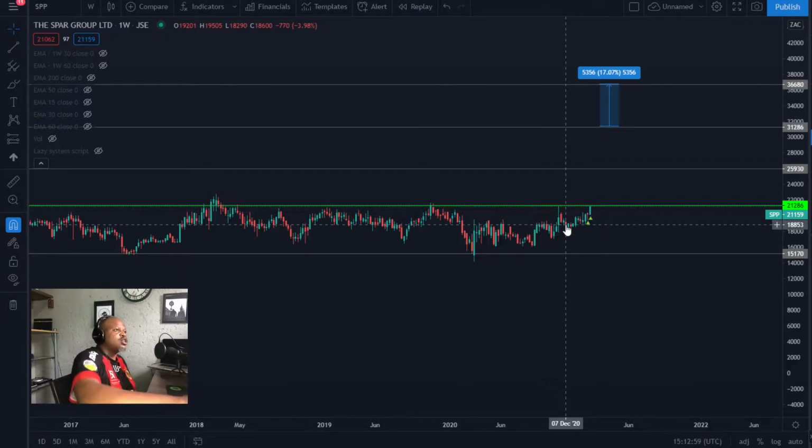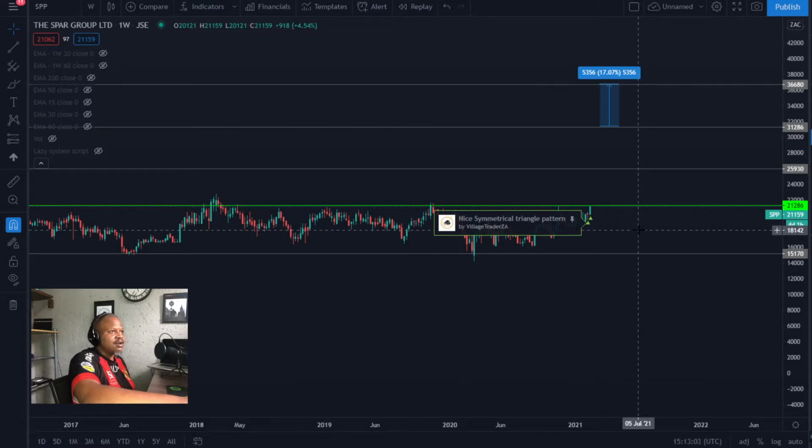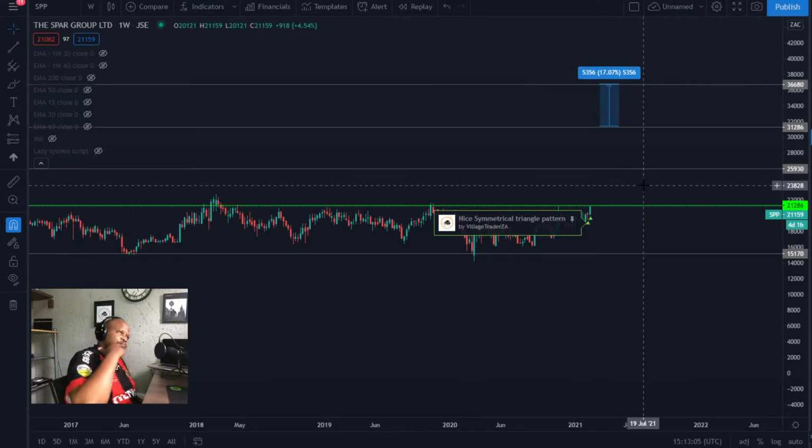Then I'll put my stop just below the lows there around 181, and I won't have a target on this particular trade. I will add into the position for as long as it breaks into the higher box, and I will get stopped out when it breaks into a lower box.